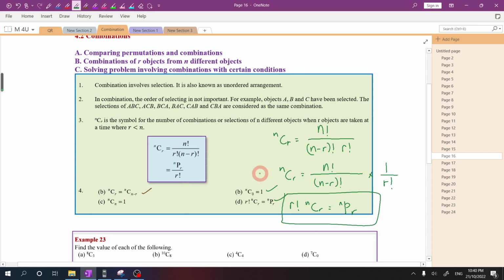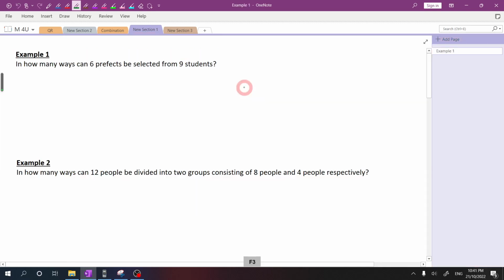Let's look at a few examples on this combination part. Let's look at example number 1. In how many ways can 6 prefects be selected from 9 students? Okay, number of ways. Here we will be using combinations because the order of arrangement is not important.